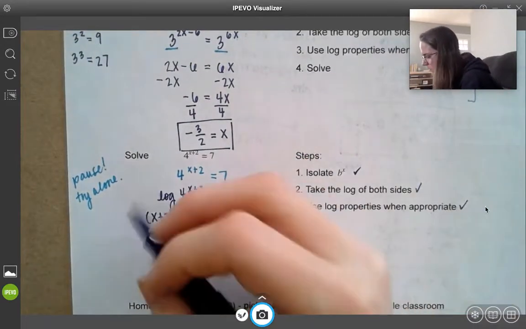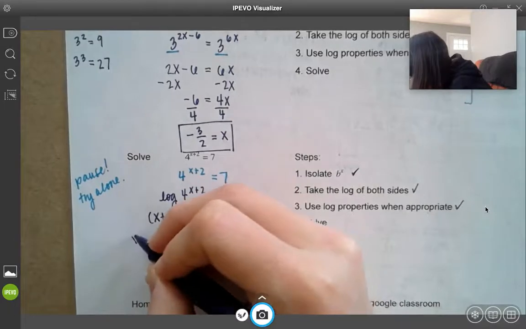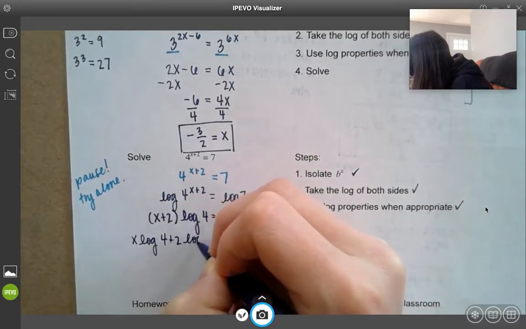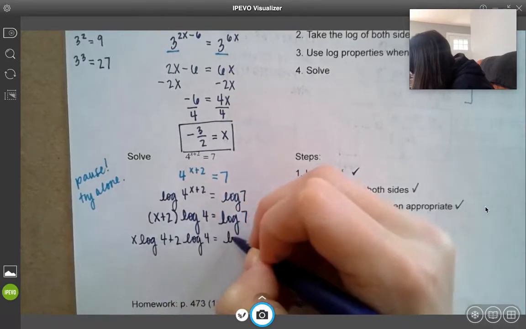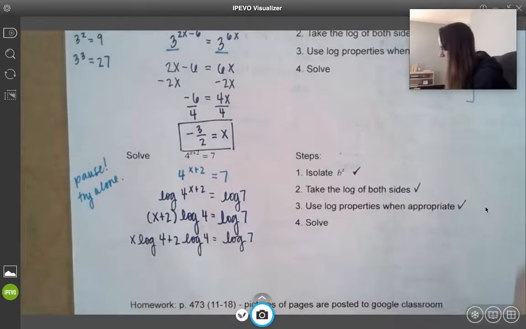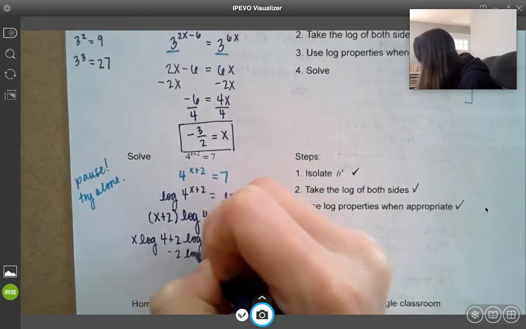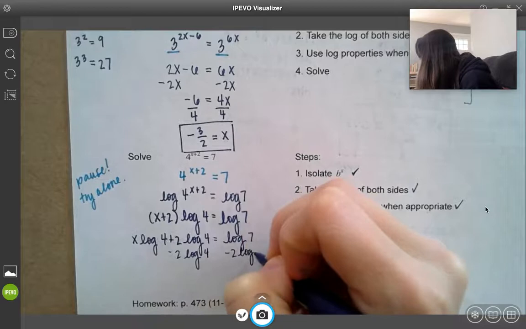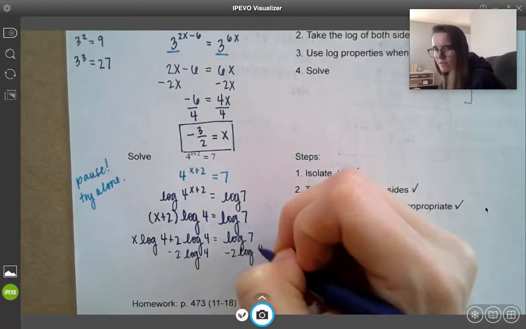So distribute that x plus 2 through. So I have x log 4 plus 2 log 4 equals log 7. Subtract 2 log 4 from both sides. I cannot combine these because they don't have the same base.